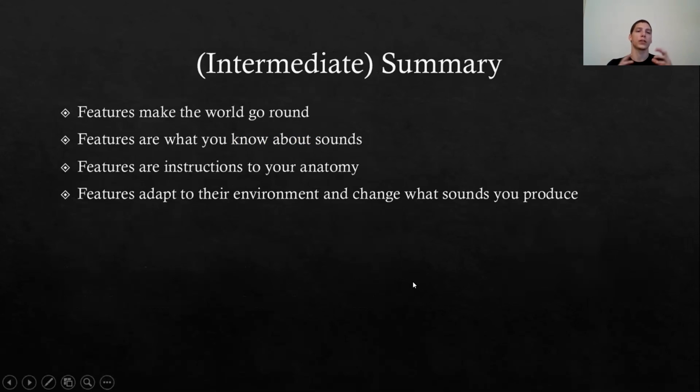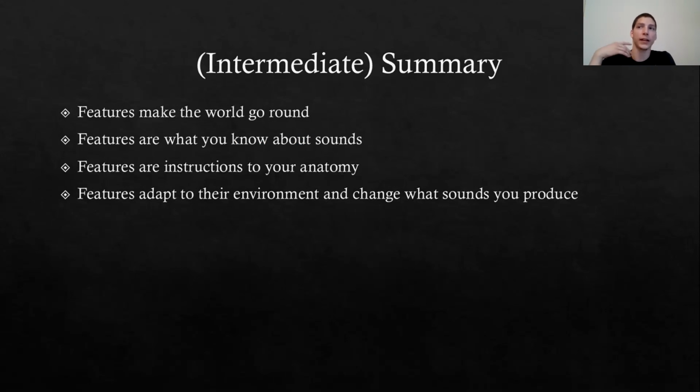Right, so to briefly summarize what we've learned, basically features make the world go round, and features are important because features are what we know about sounds, and they provide instructions to our anatomy to tell us how to make the sounds that we know.